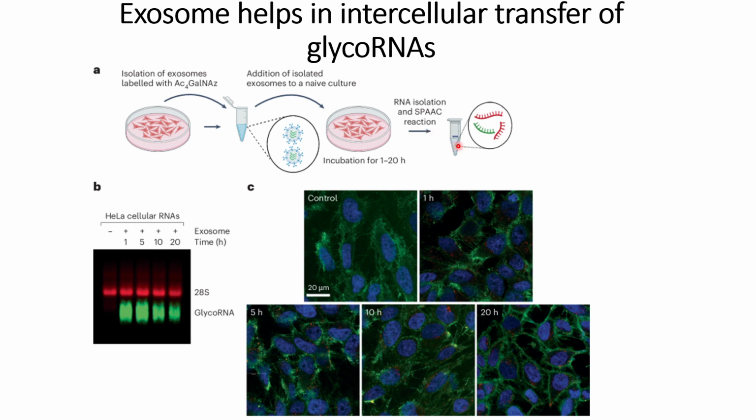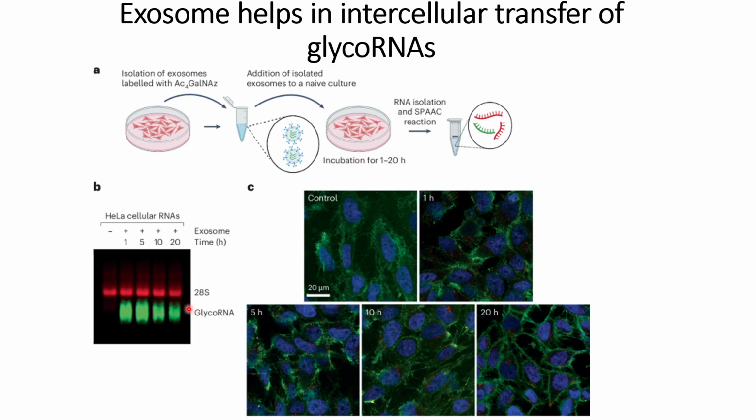They then checked this RNA using this SPAAC analysis, which can help in the detection of glycoRNAs. Panel B shows the result of the RNA isolations from the HeLa cells of this second culture.